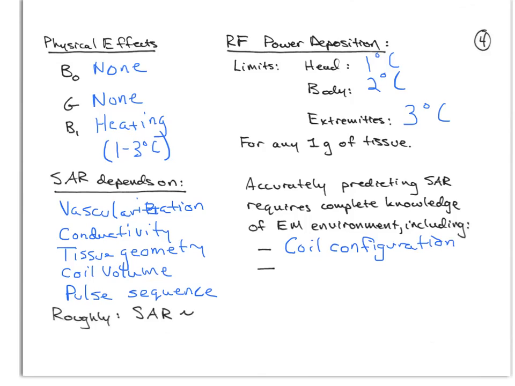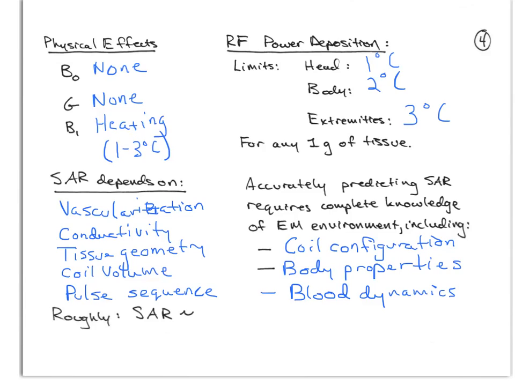You have to know the body properties, and that includes conductivity, density, and permittivity. And you have to know the blood dynamics as well to really get an accurate hold on how much you're heating up the tissue.